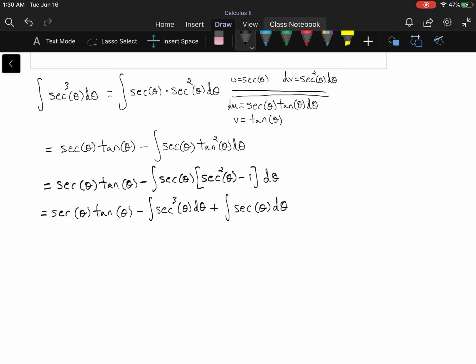And I'm going to use a trick that you saw back with integration by parts, where we evaluated the integral of e to the x sine of x dx. The trick was that we ended up getting an integral on our left and on our right. So over here, this stems from the integral of secant cubed, and we have an integral of secant cubed here. I'm going to add that integral of secant cubed to the left side, which gives us 2 times the integral of secant cubed.